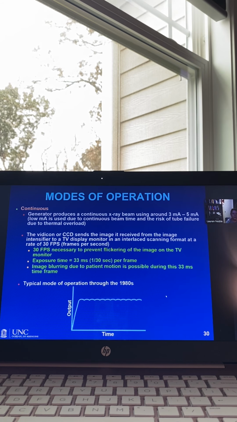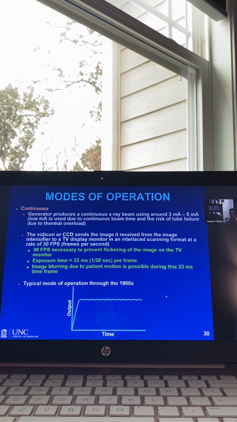Now, in terms of the mA, the milliamperage that would be used for that, it would be around 3 to 5 mA. Okay, 3 to 5 mA. And the reason the milliamperage is so low is because, with fluoro, if the X-ray tube is constantly on, we want to avoid overheating that tube.